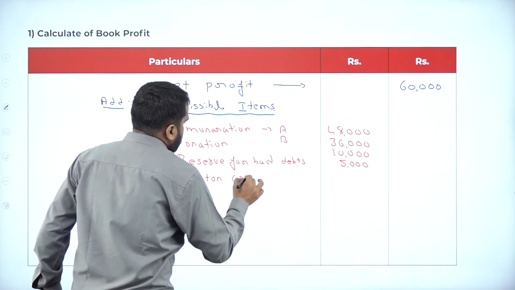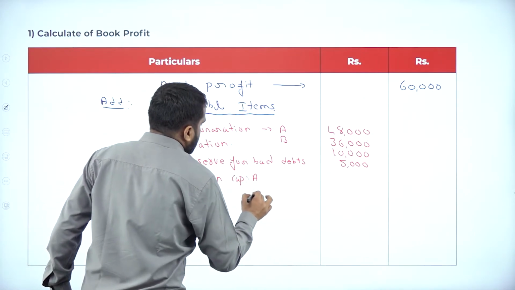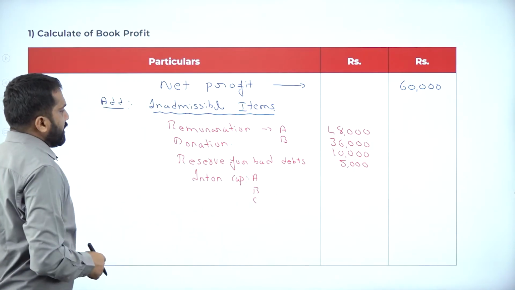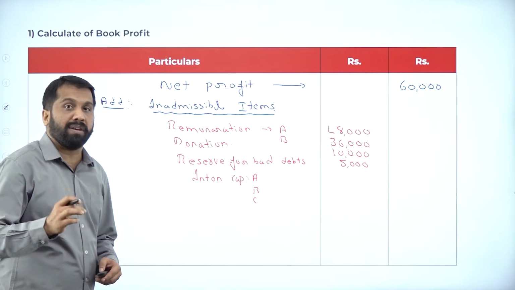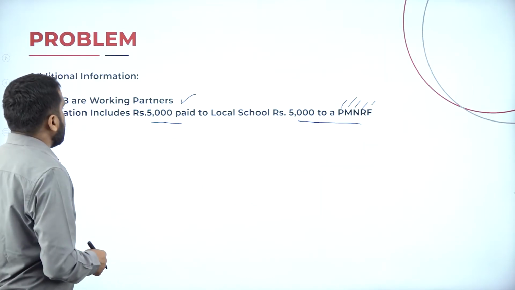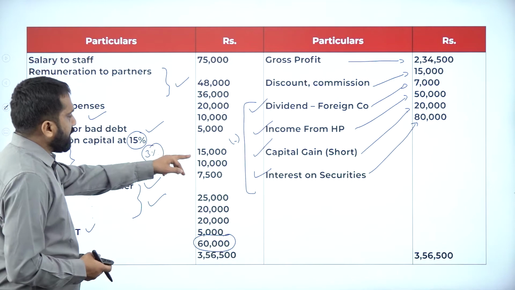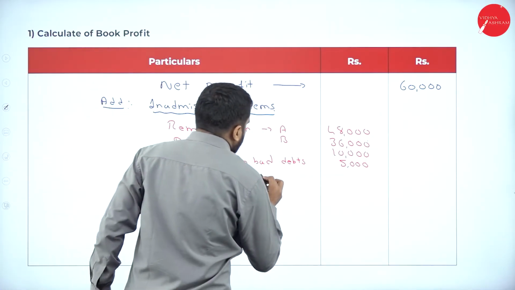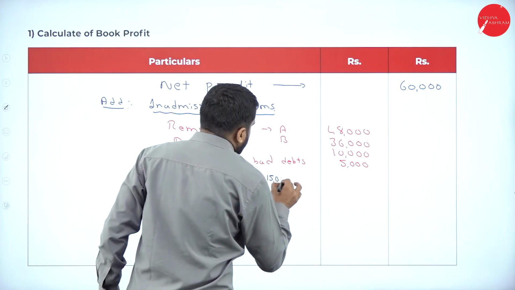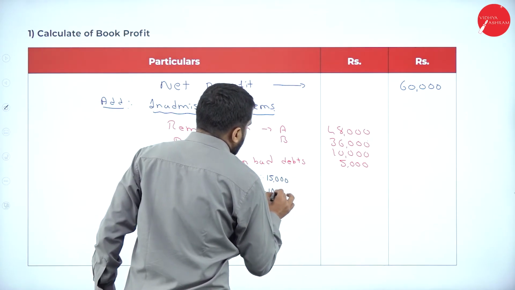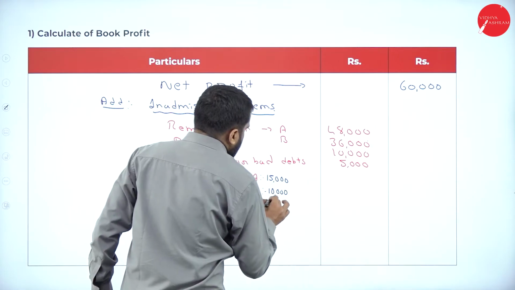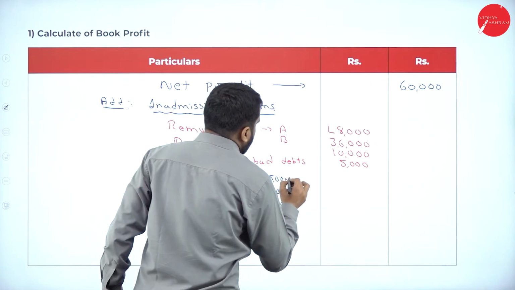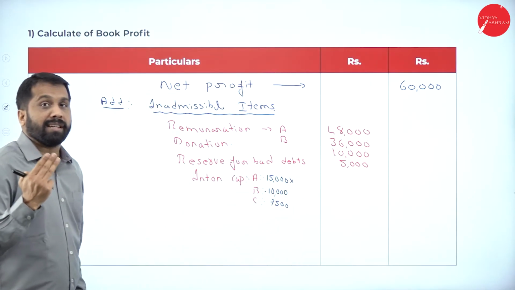Interest on capital. In this, A, B, C. So we'll calculate what is the interest for A, what is the interest for B, what is the interest for C. Now, how much they have given? 15,000, 10,000, 7,500 multiplied with, so we have extra of how much? 3% extra.